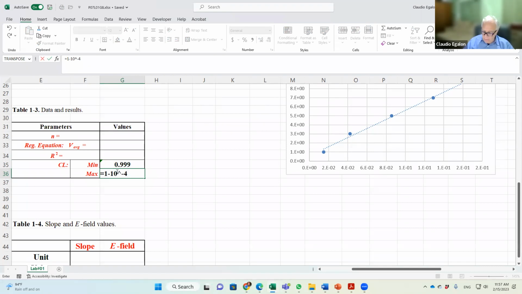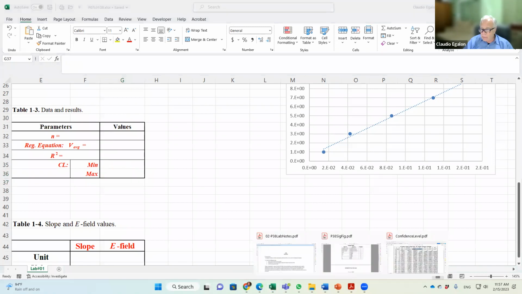If I do that, I'm going to get 99.99%. So your confidence level is between those values, with a lower bound of 99.9% and 99.99%. That's for my spreadsheet. Okay? That's how you use the confidence level table that I gave to you.